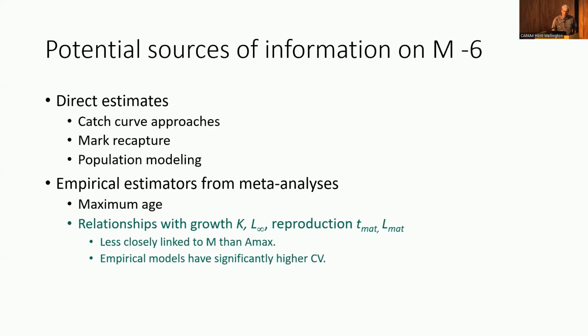You wouldn't expect the Amax relationship to have much variation between taxonomic groups, whereas with these, you can see that there could be good reasons why there would be changes between freshwater fish, between tunas, between other species. So maybe not quite so useful. And we do find that empirical models, looking at those relationships, have significantly higher CVs.